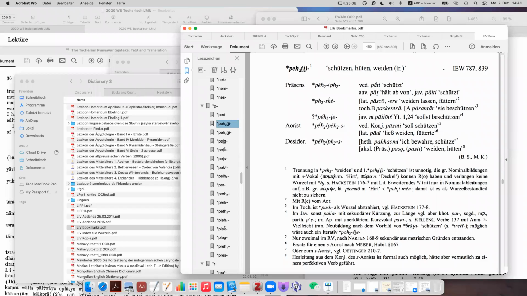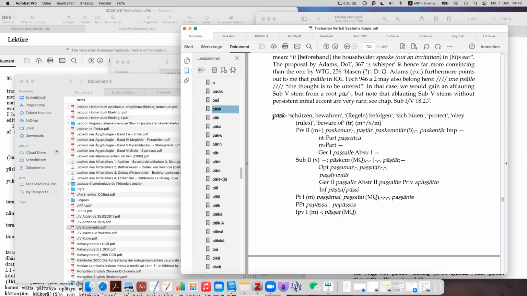It's a root called pek, and the sk is actually one of its present formations. So it means that in Tocharian, the suffix sk has already become an inseparable part of the root, making it simply pask.